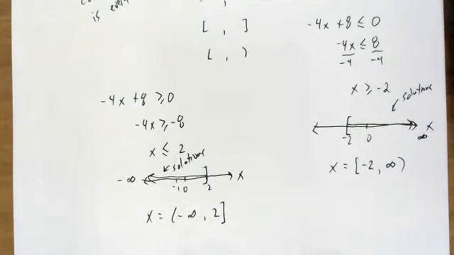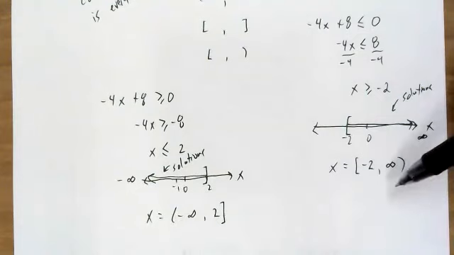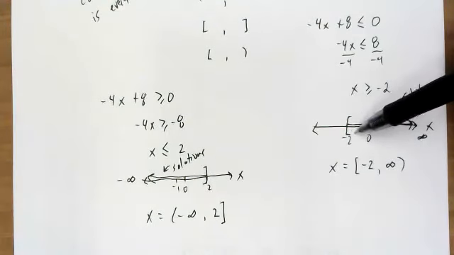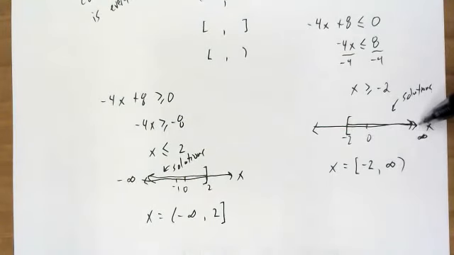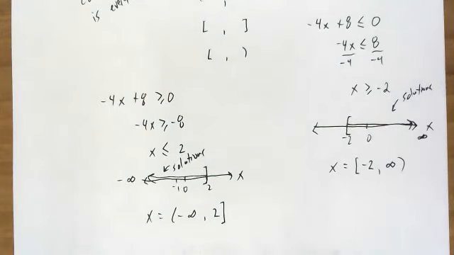All right, so hopefully that's a review of what it means to give solutions as intervals. The whole idea is the solution is not just one or two numbers or one or two values of x. Instead, the solution is a whole range or region, or we could say a whole interval of values of x.